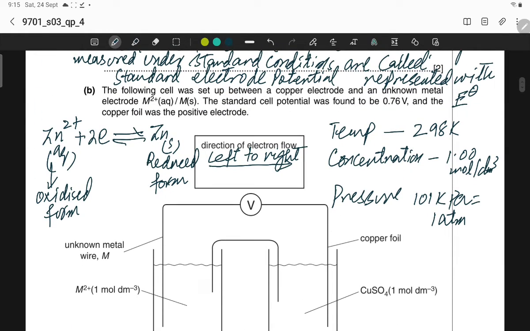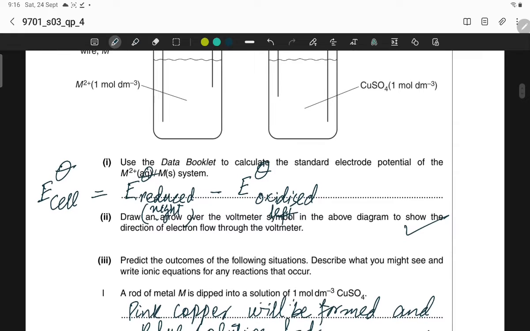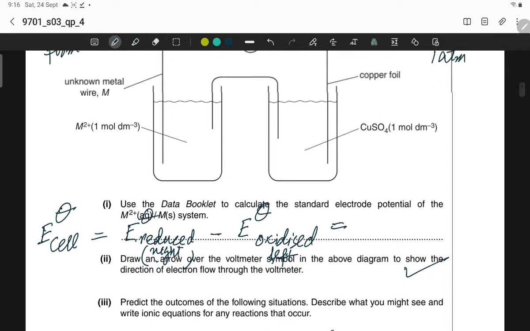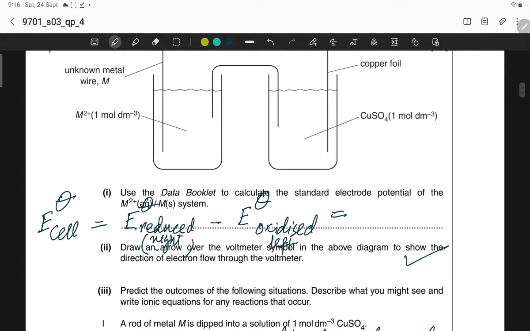In this question, he asked how to predict the metal M, and why current is flowing from left to right. Here the standard cell potential was given, which is 0.76 volt, and we calculate like this: the standard electrode potential of copper is 0.34, so 0.34 minus 0.76 is equal to minus 0.42.